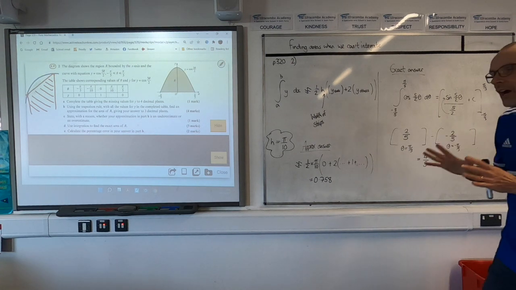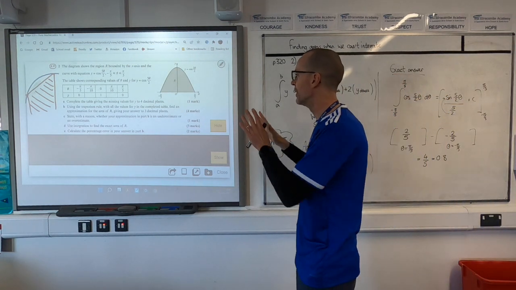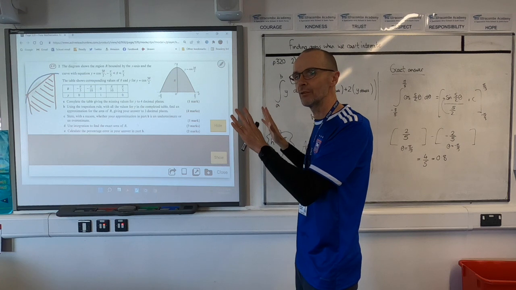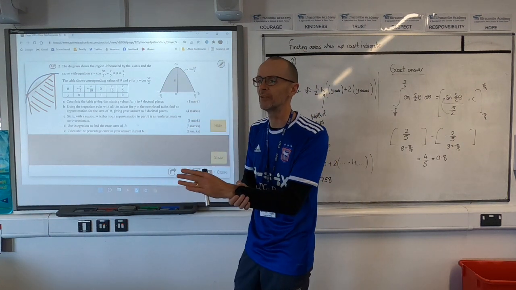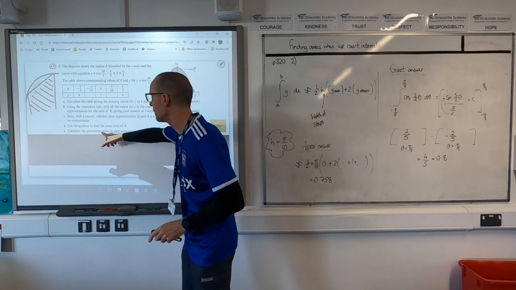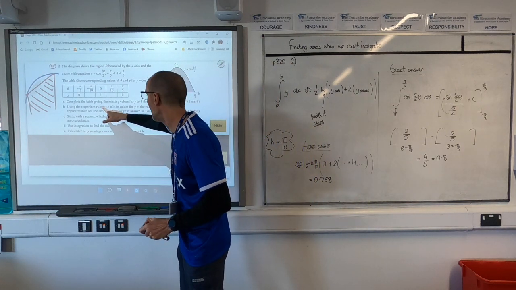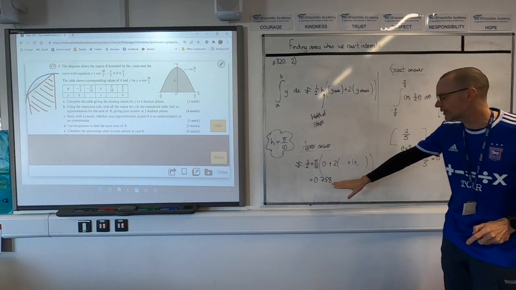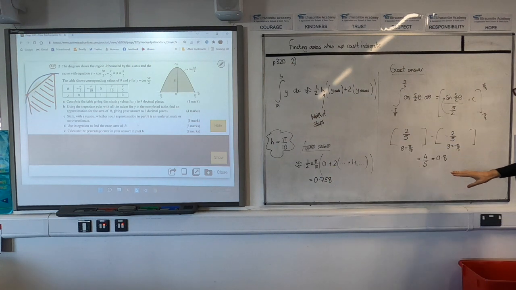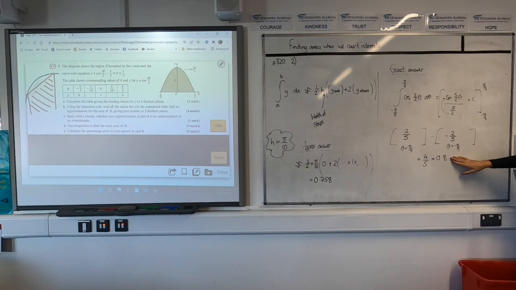So we're then asked, and this is why they give you a function that we can actually integrate. They want to, because it's quite easy to just plug numbers into a formula. So they ask for the percentage error in your answer to the trapezium rule. So this was our approximate answer using the trapezium rule. This was the actual answer using integration. Integration gives us an exact answer.